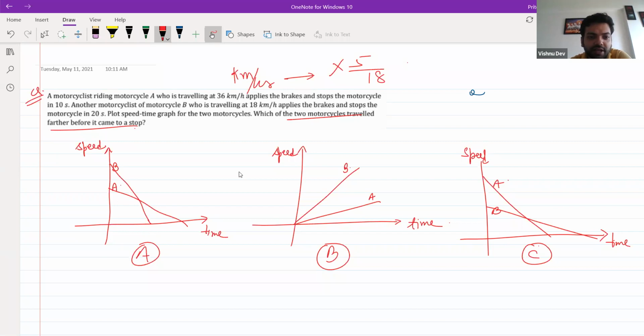You can just find out the areas. Yes. So this third one is the correct one. What I will do is remove A and B and let's work on the third one.